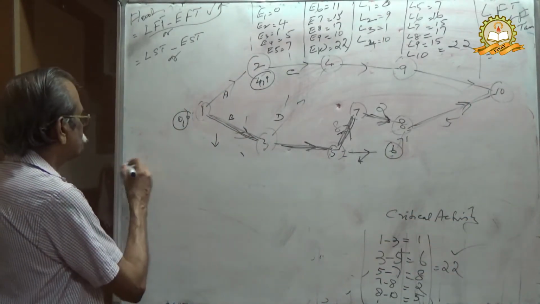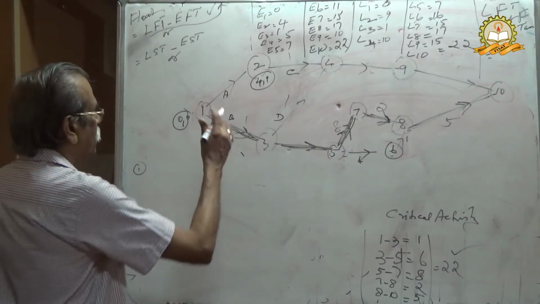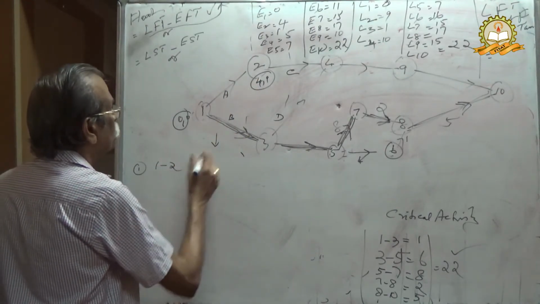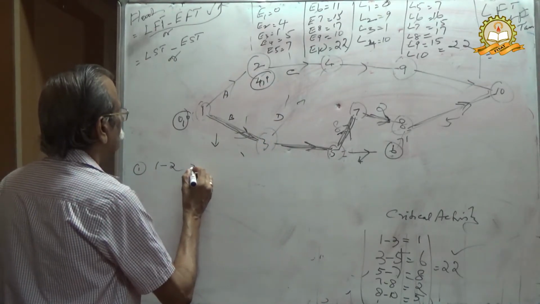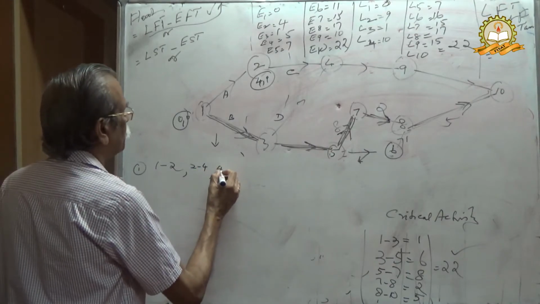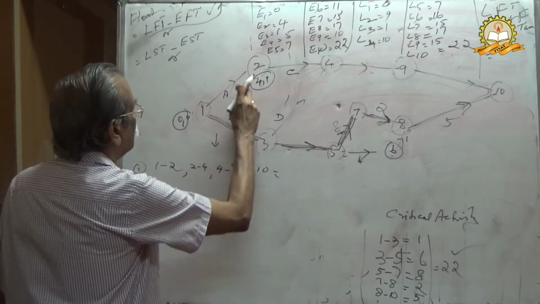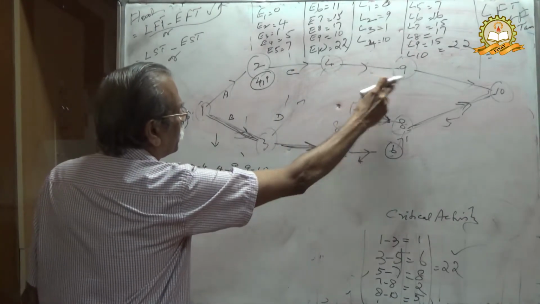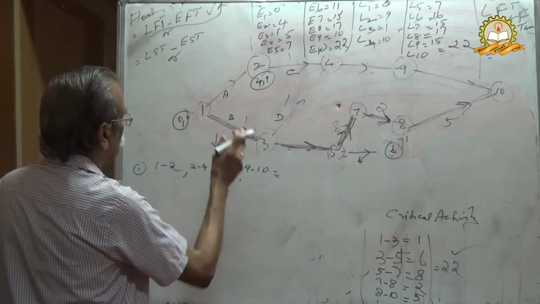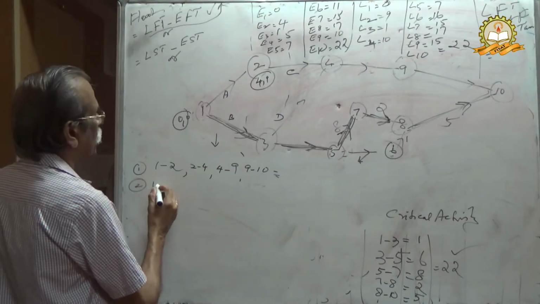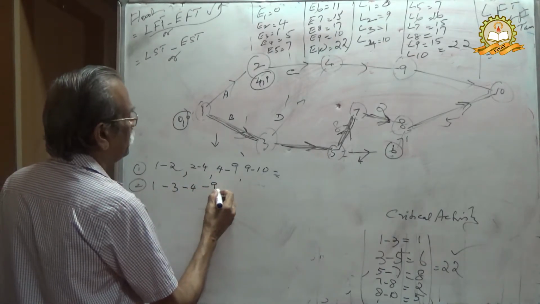Then, here we observe the following. Another path can be 1, 2, 2, 4, 4, 9, 9, 10. Then you can have the second option 1, 3, 4, 9, 10.